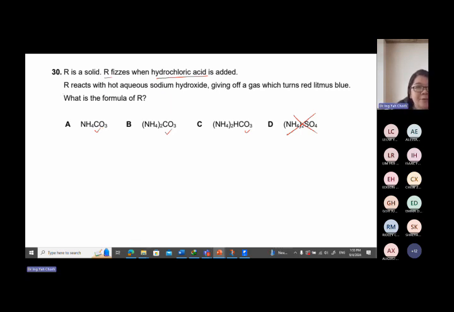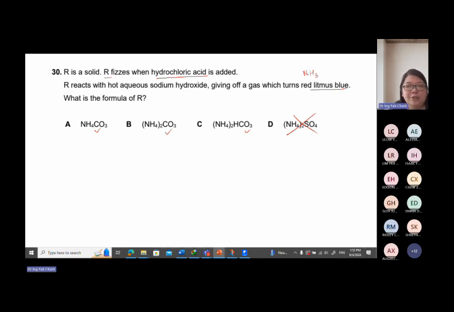Now, R reacts with hot aqueous sodium hydroxide, giving off a gas which turns red litmus blue. A gas that will turn red litmus blue must be NH3, ammonia. This one you see in paper 3 also.